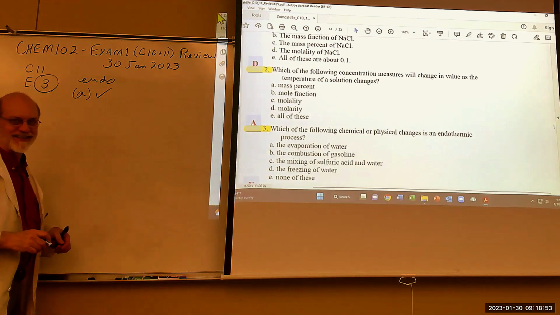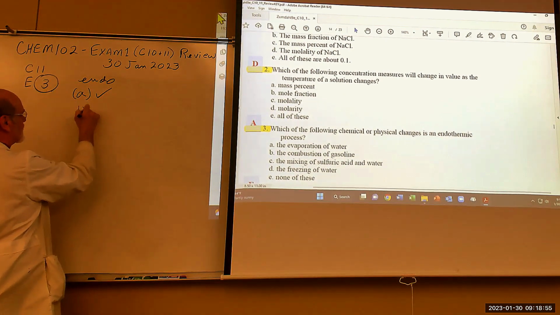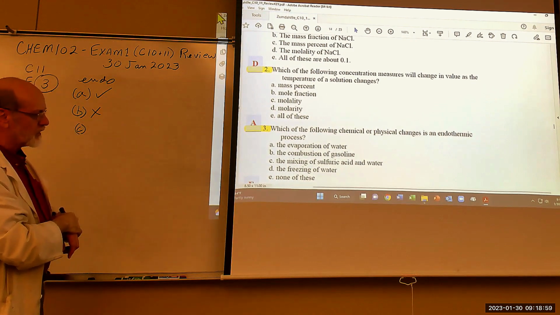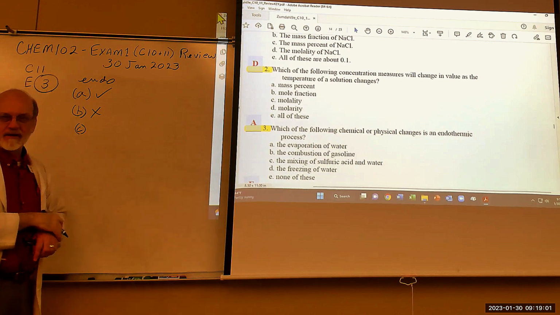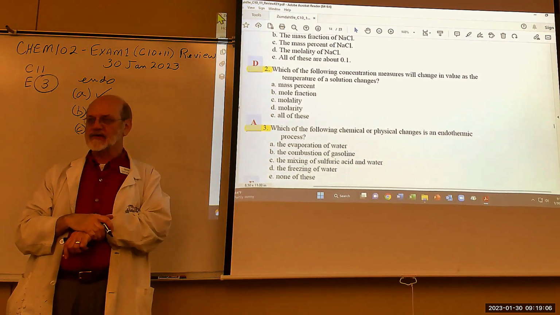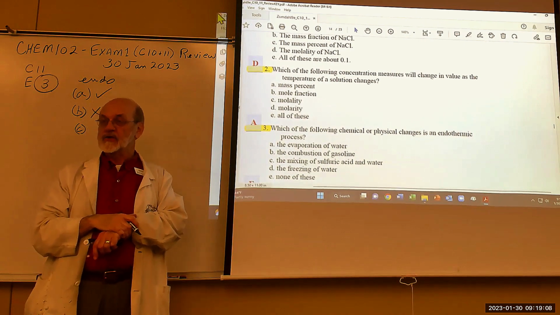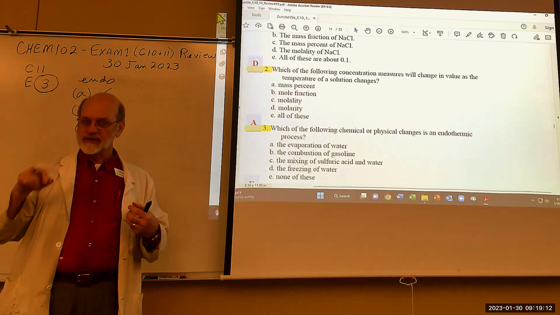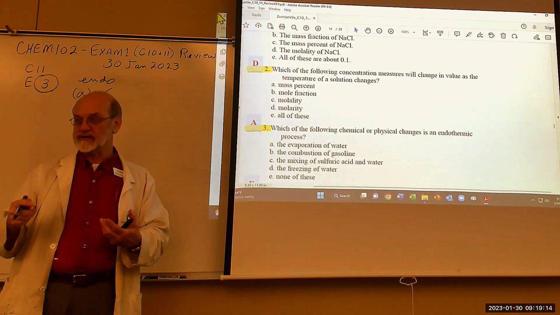Let's move on. So B is not. C, the mixing of sulfuric acid and water. Remember the safety rule? You ought to add acid to water. You do that because with lots of water and a little bit of acid, it's extremely exothermic on a molar basis.